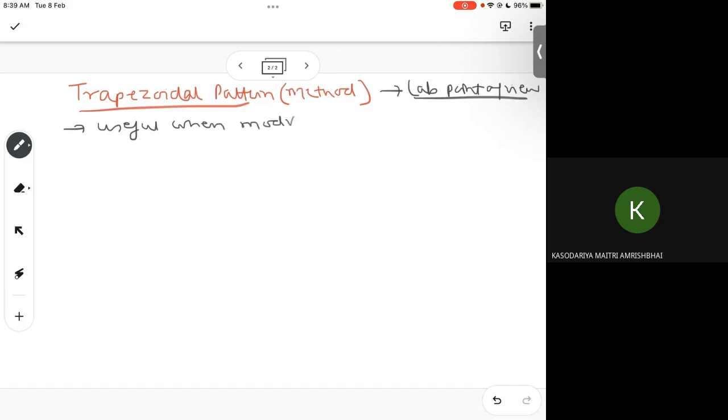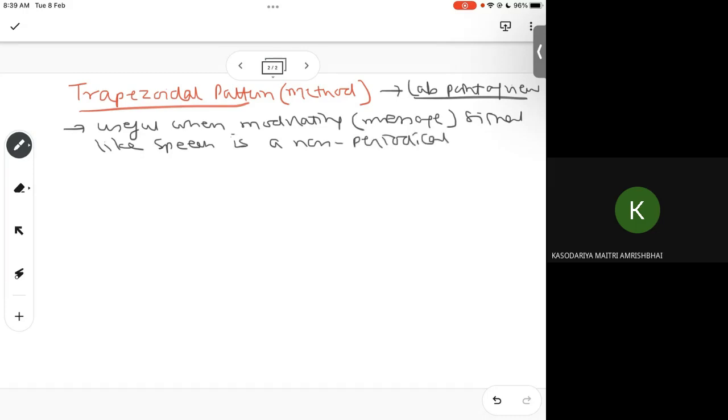Now we know the modulating signal is nothing but the message signal, like your speech, which is a non-periodic signal. Speech is not a sinusoidal signal, it is varying in various aspects. So it is a complex waveform or complex signal.